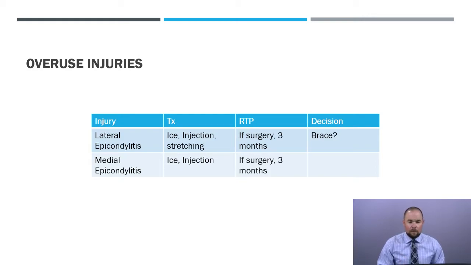For these, you can also utilize a wrist brace, which basically is keeping the patient from flexing or extending their wrist, which will, in a sense, keep the tendons from being inflamed as well. I also discuss with patients some stretching exercises to both stretch out the tendons and elongate them so there's not so much pressure onto the insertion sites.